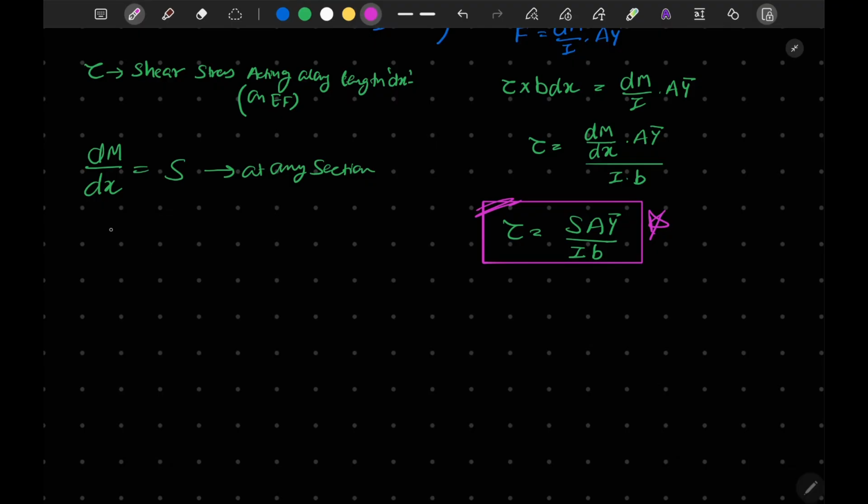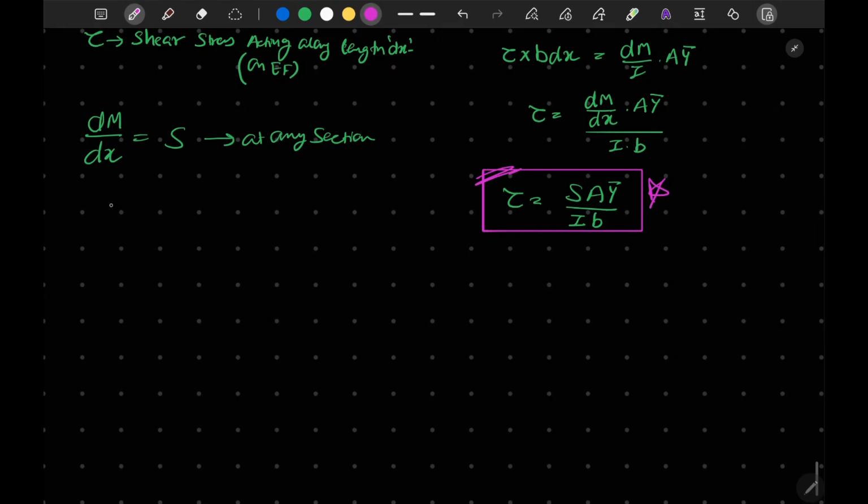Now here of course let me write the terminologies. S is your shear force, not stress. And A y bar is the moment of area above y about the neutral axis.